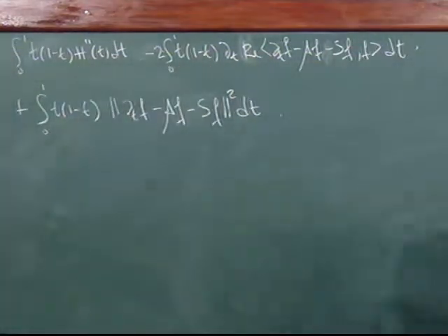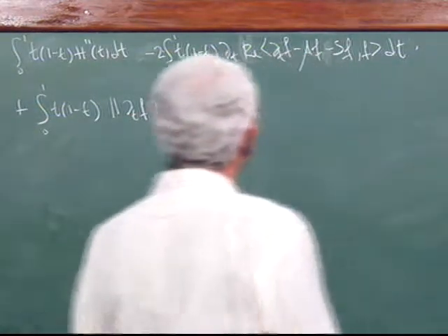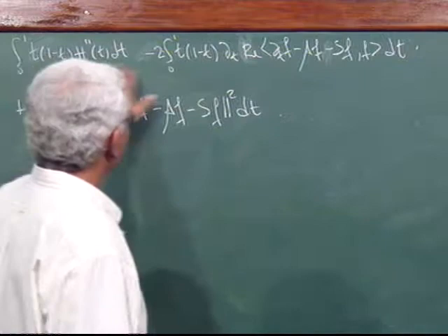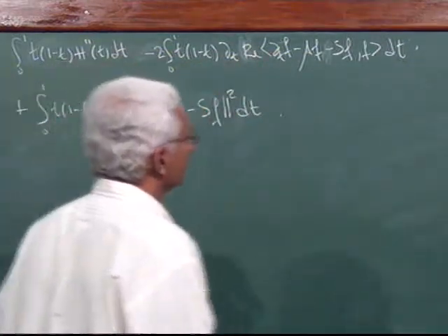Then since I want to estimate this one from above, I can remove this part that is positive. Okay, then I have this estimate. Is this okay?